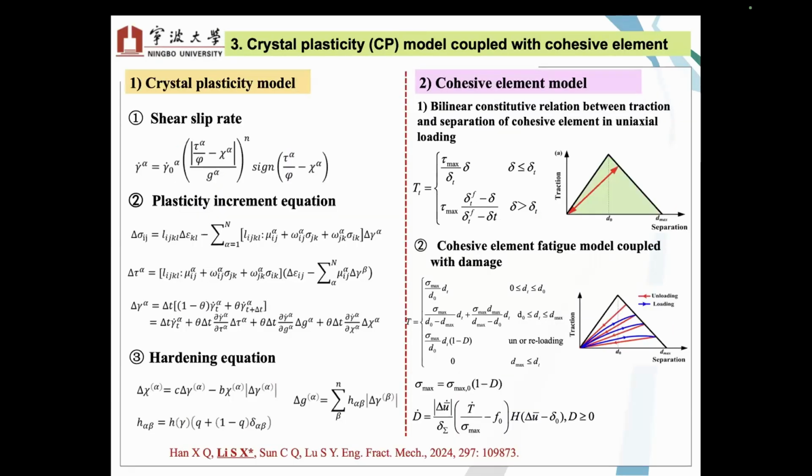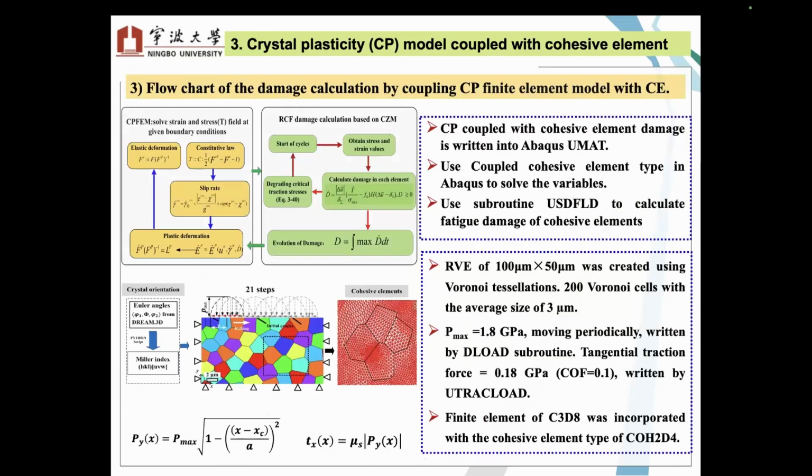We model the crack propagation based on crystal plasticity coupled with the cohesive elements. As for CP, it's mainly to consider the microstructure effect, but for crack growth, it has to be the cohesive element. And here are those fundamental equations. I'm not going into the detail.